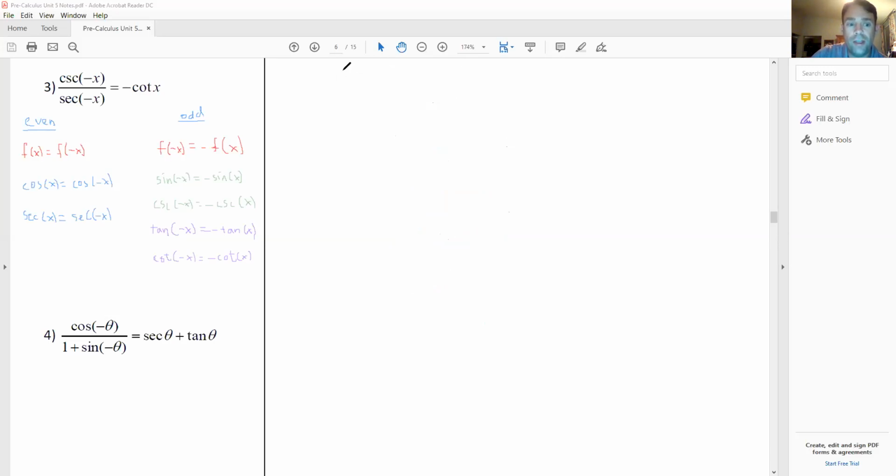So we have cosine of negative theta over 1 plus sine of negative theta equals secant theta plus tangent theta.